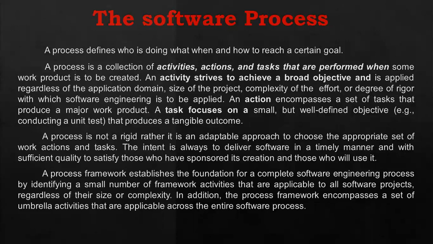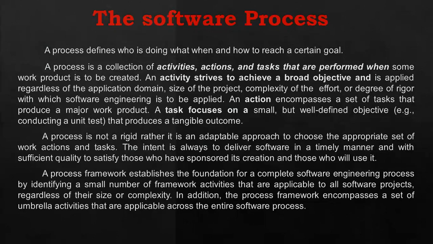Here, the activity strives to achieve a broad objective and is applied regardless of the application domain, size of the project, complexity of the effort, and the degree of rigor with which the software engineering is to be applied. So, these activities may involve the development of the software from scratch or modifying an existing system.